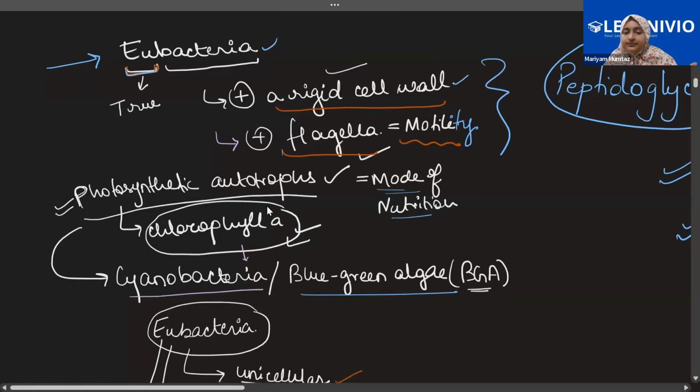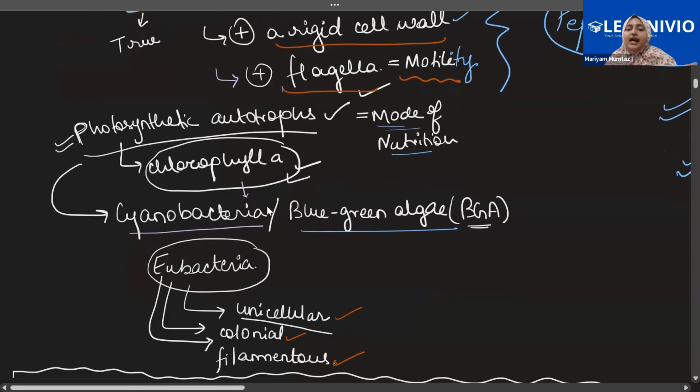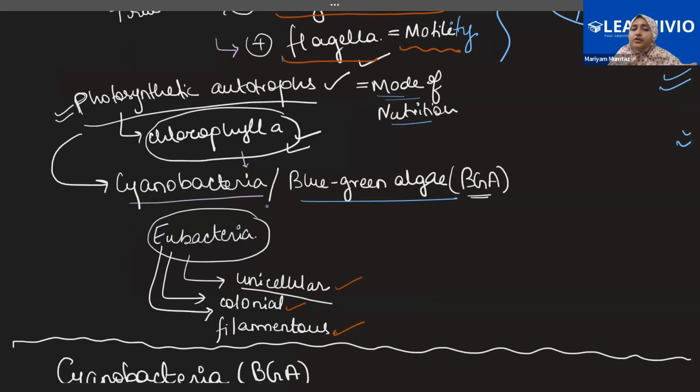Now, the eubacteria can either be photosynthetic autotrophs or chemosynthetic autotrophs. Photosynthesis is the process by which food is made using sunlight, chlorophyll, water, and carbon dioxide. This much everyone understands?